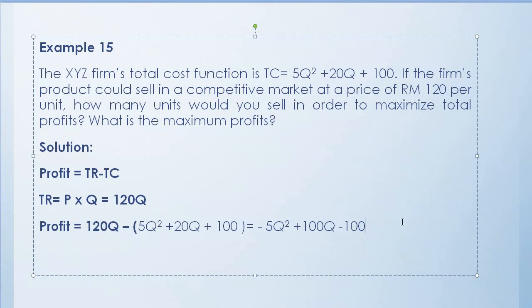Then differentiate this one, dP/dq equals negative 10q plus 100.